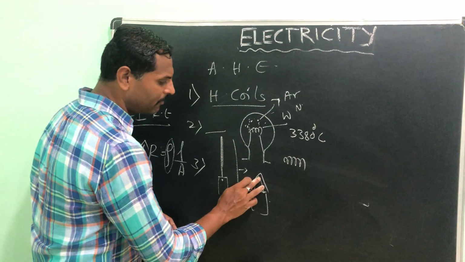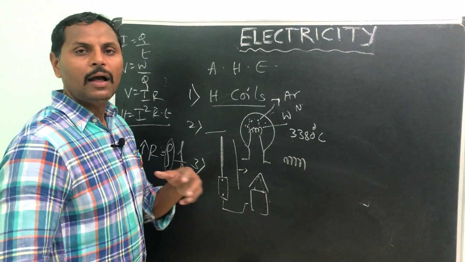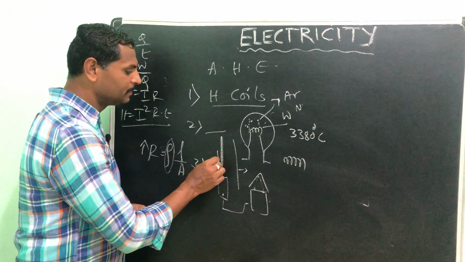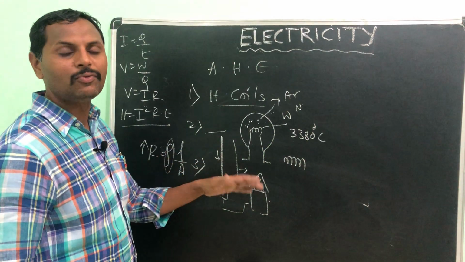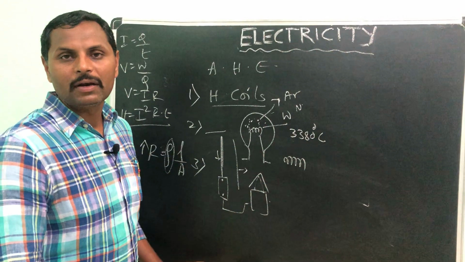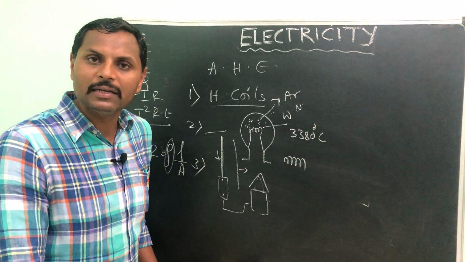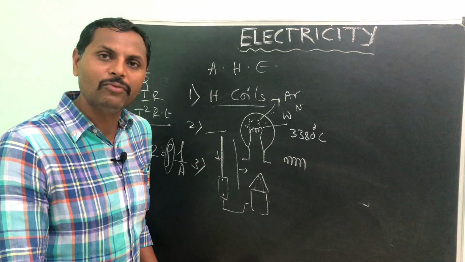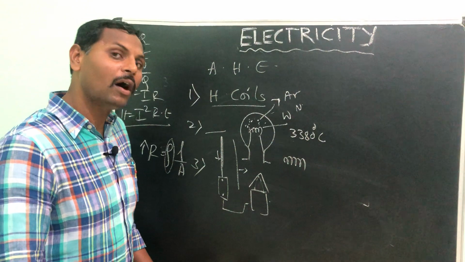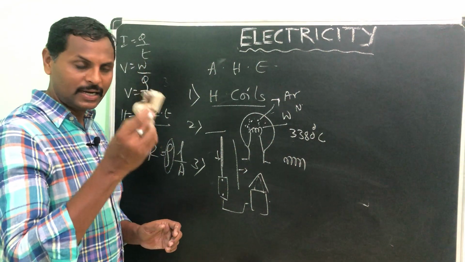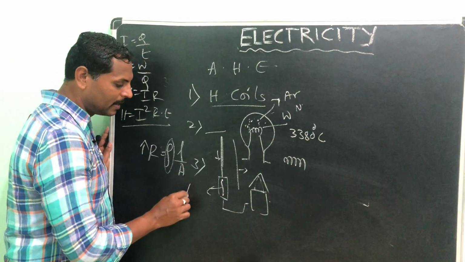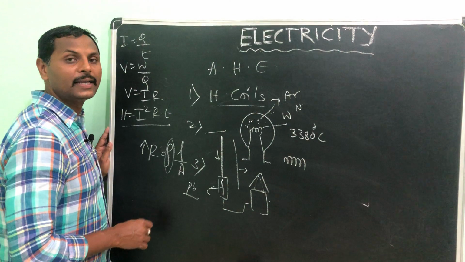Very simple. We have so many costly electronic gadgets in the home. If the voltage is more when current is flowing to our home, then immediately that high voltage will come to our costly electronic devices and damage them. That's why, to avoid that, we are using this kind of fuse, which has a wire made of lead, which has a lower melting point.